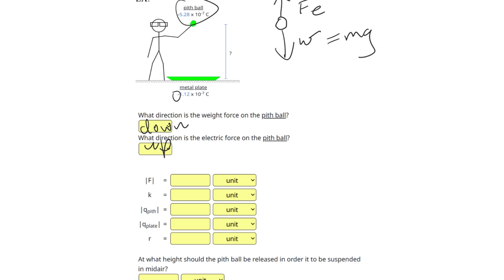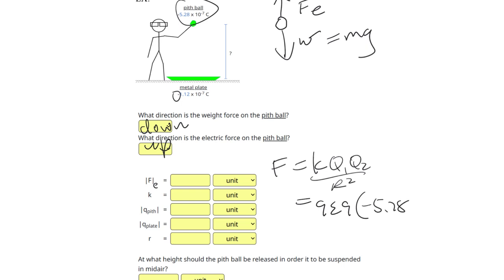So what's the force? The electrical force. Well, F equals K Q1 Q2 over R squared equals 9E9 times negative 5.28 e to the negative 7.